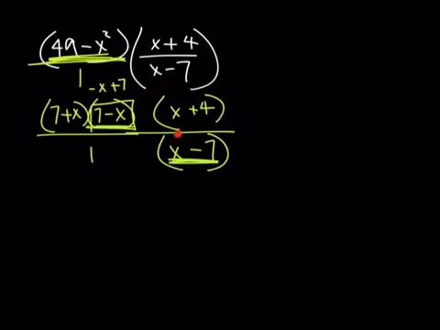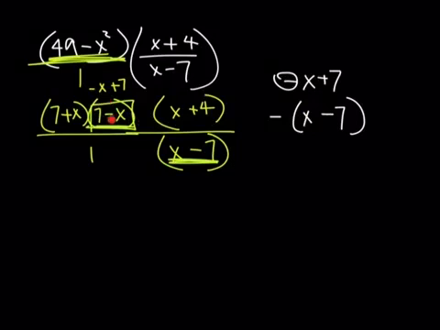So what I can do is, remember when you have like negative x plus 7 and you want this to be positive, you just pull it out of the parenthesis and change the sign of everything inside. So I took that negative and pulled it out. This x, which is now negative, became positive. The 7 became negative.